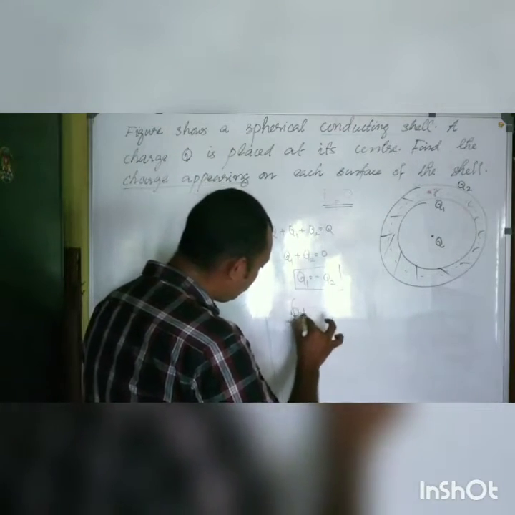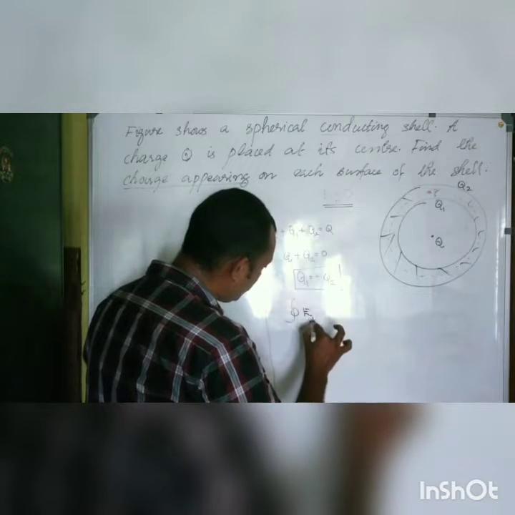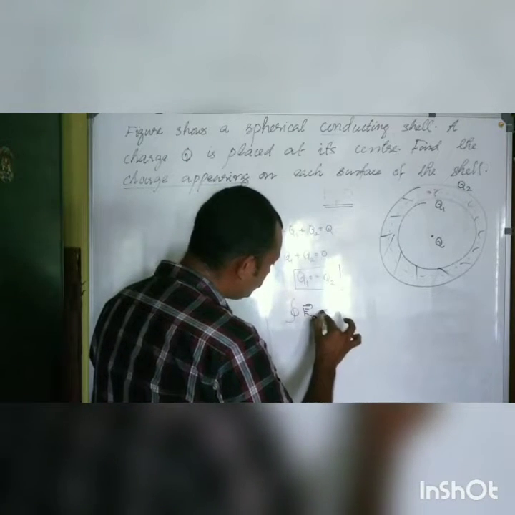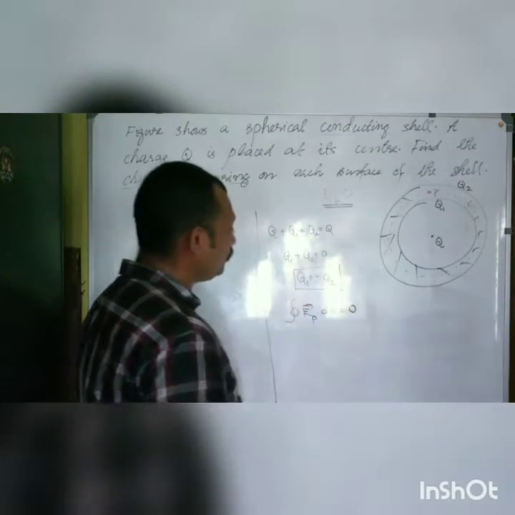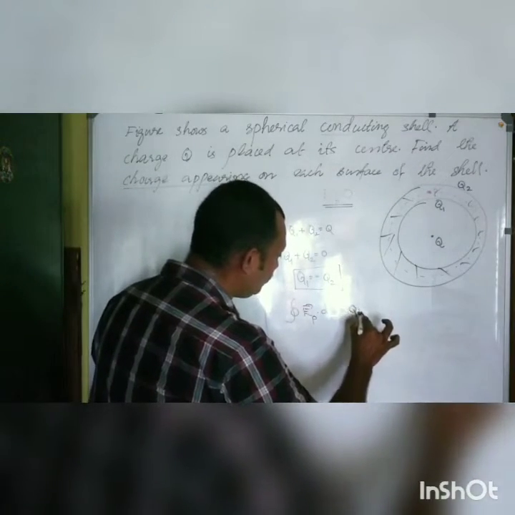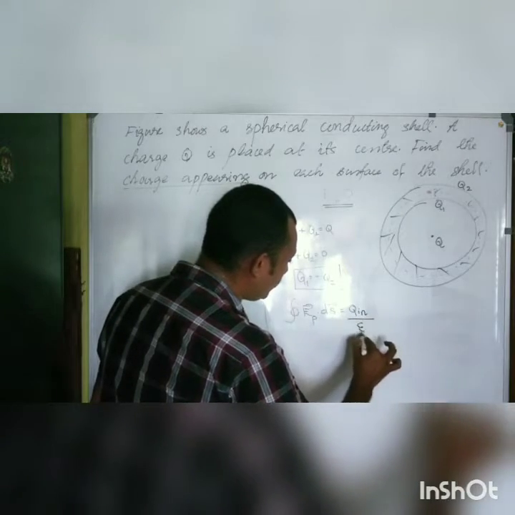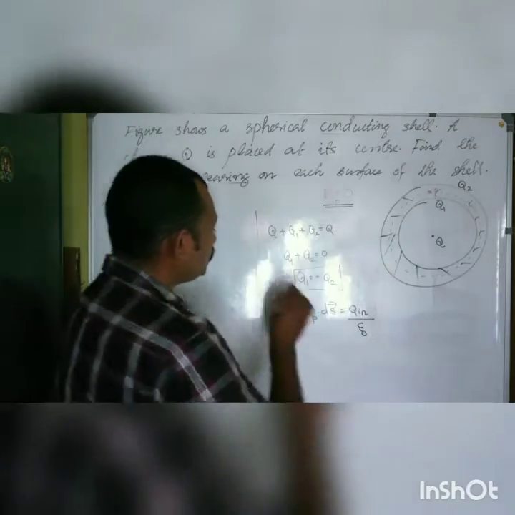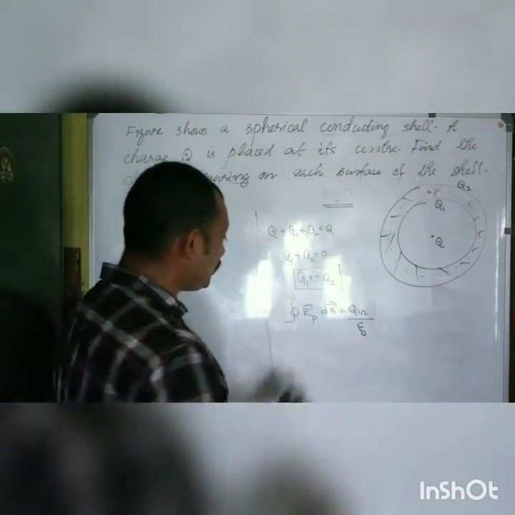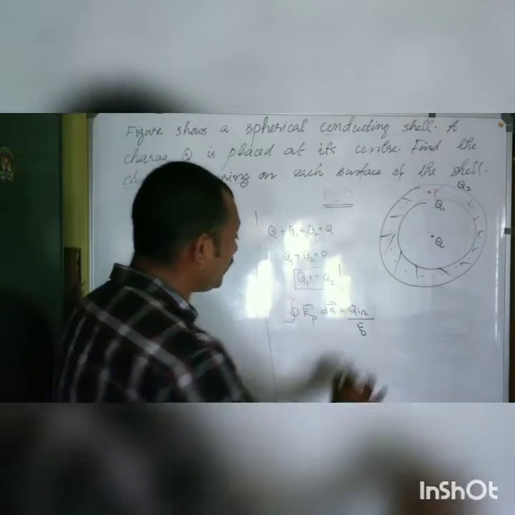Closed integral of E dot dS is equal to Q in divided by epsilon 0.